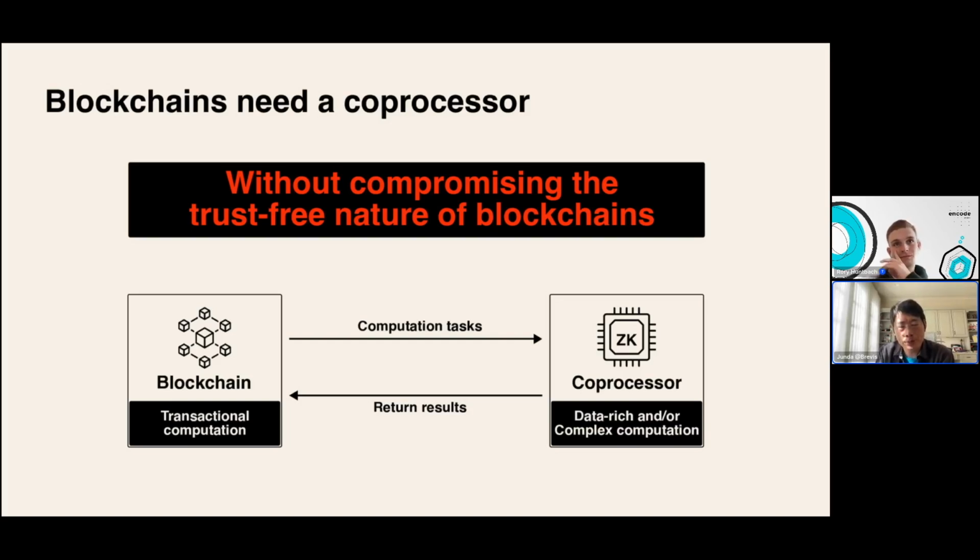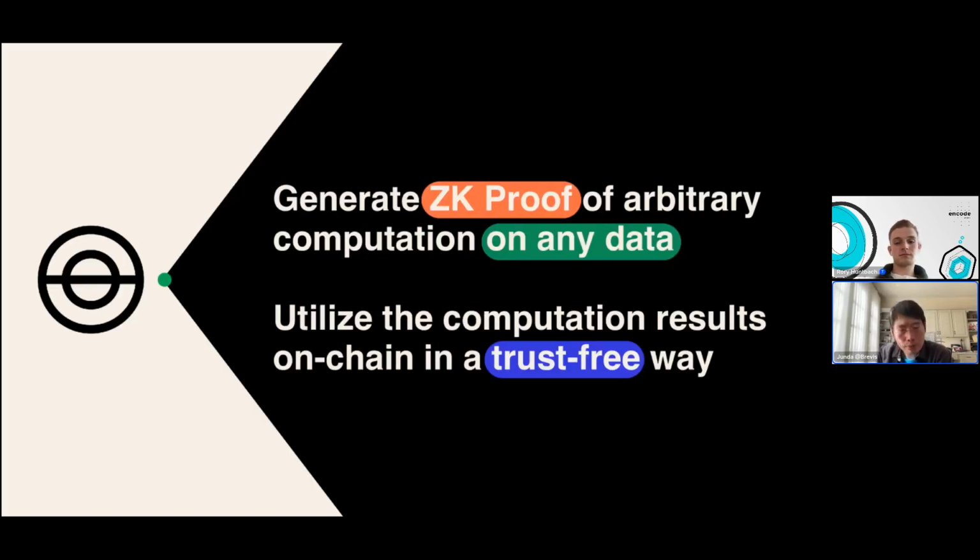Yeah. So next, I will go through how you, as a dApp developer, can benefit from the Brevis system, right? On the high level, you can view Brevis as a kind of utility or toolbox that can generate ZK proof of arbitrary computation on any data.